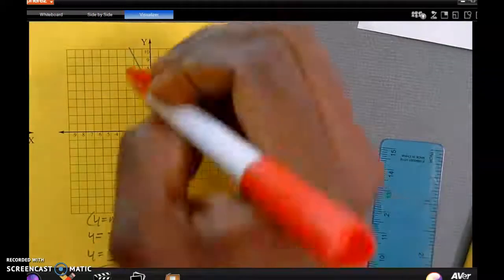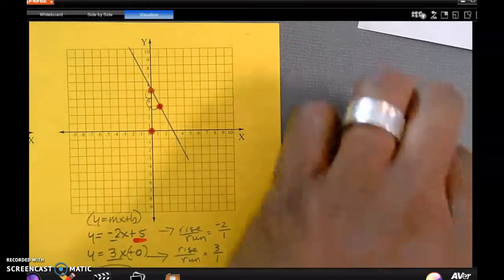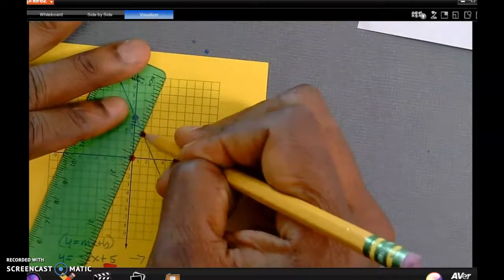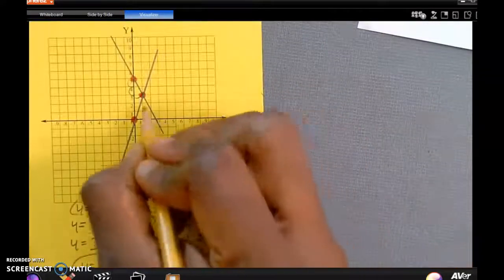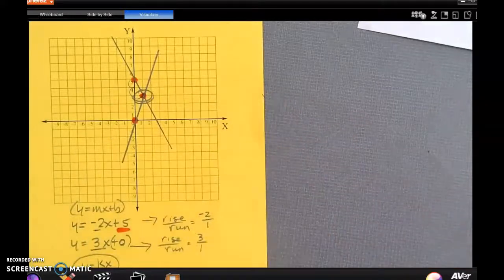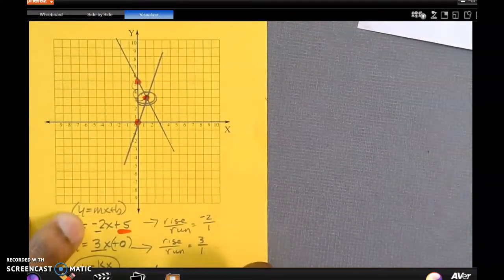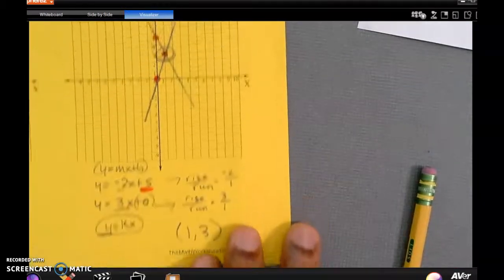If you notice, this point is already denoted. So I'm going to connect these two. So right now we show that our solution should be 1, 3. So I'm going to go over and try to confirm mathematically that my solution is 1, 3.